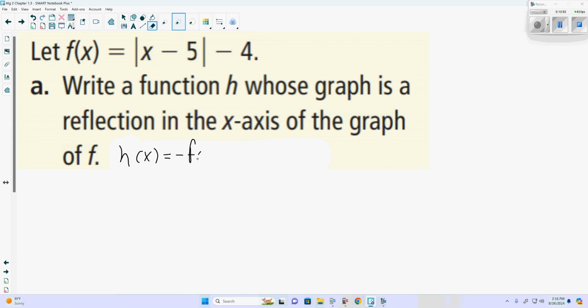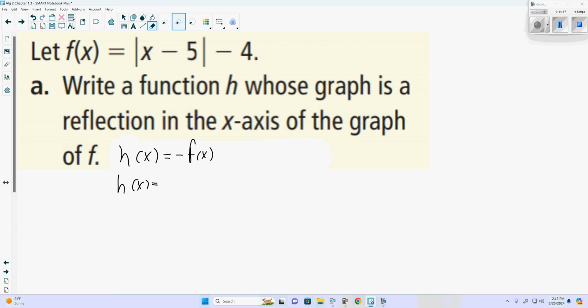negative f of x. So the general form for across the x-axis is negative f of x. So when we're talking about a reflection in the x-axis, it's negative f of x.